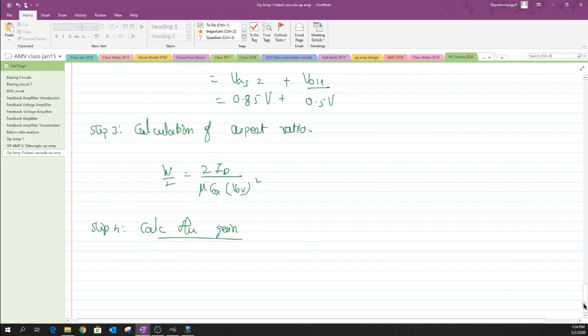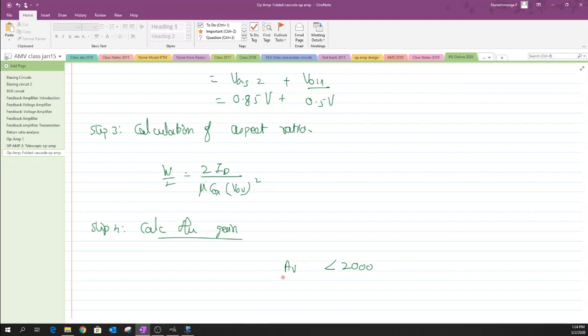I want you to calculate its gain. And when you try to compute the gain, it might tend to be lesser than the value of 2000. So I would encourage you to use the method that has been discussed in the telescopic opamp problem.